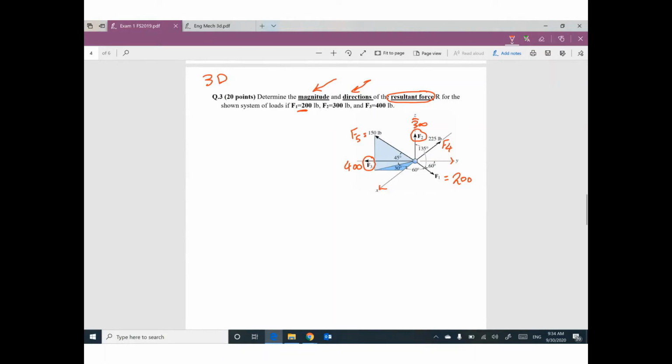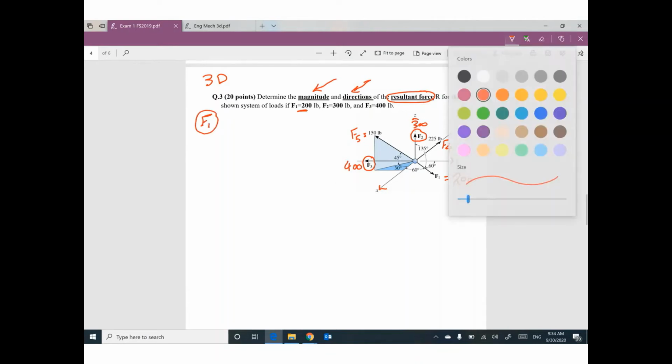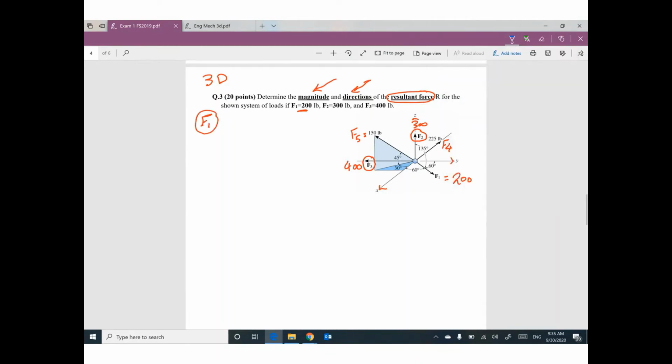Let's start with F1. What do you think about F1? I think we have 3 angles. Alpha, beta, gamma are given. Do you remember, if one of them is missing, what should I do? I just remind you: we have the expression cosine square alpha plus cosine square beta plus cosine square gamma equals 1.